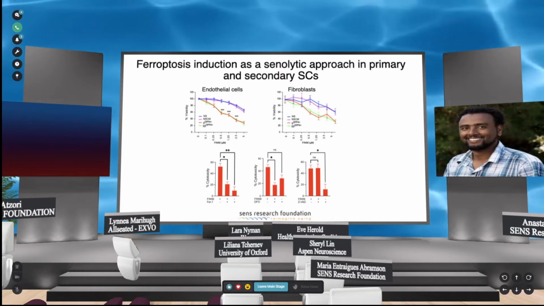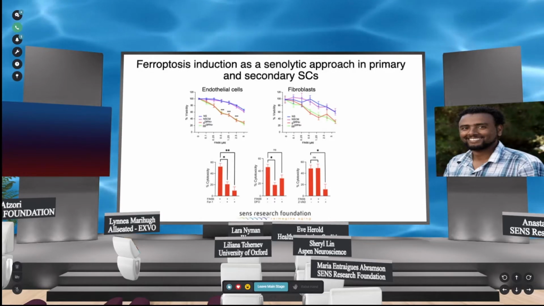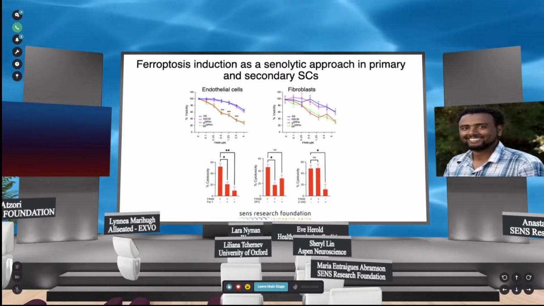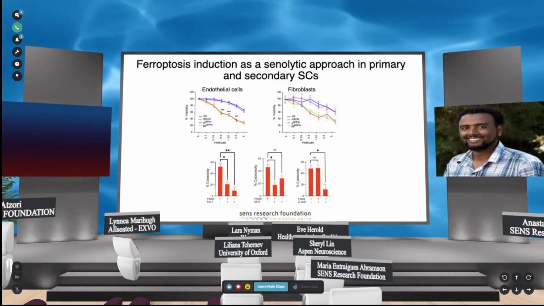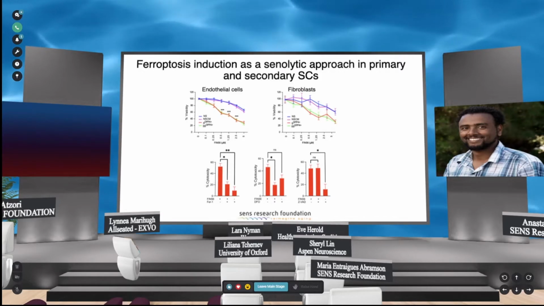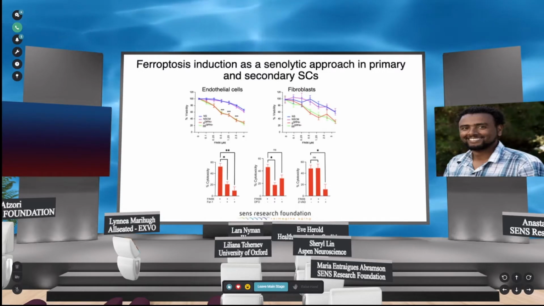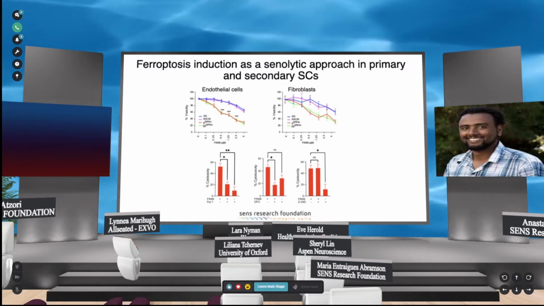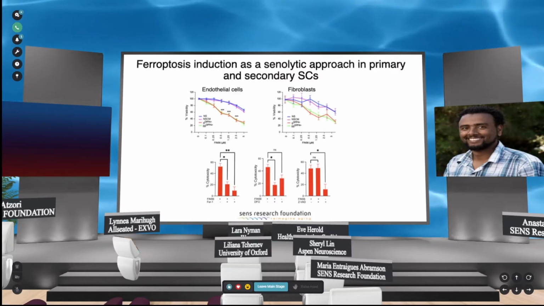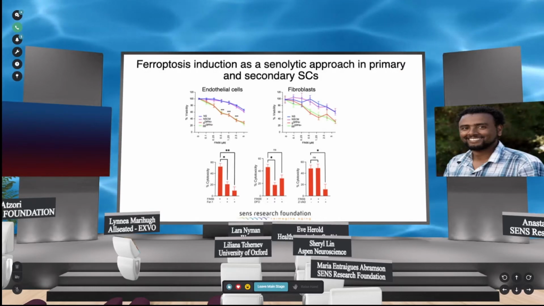So we treated both primary and secondary senescent endothelial cells with FIN56 at different dosages. And as you can see here, the red and green lines are senescent cells, primary and secondary senescent cells, whereas the top lines are their respective non-senescent controls. So we found that FIN56 specifically induces cell death in senescent cells, in both primary and secondary senescent cells, with very minimal effect on non-senescent cells, especially at the lower dose.